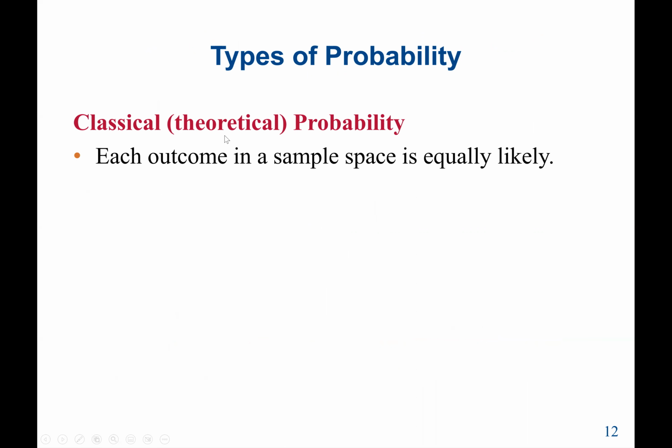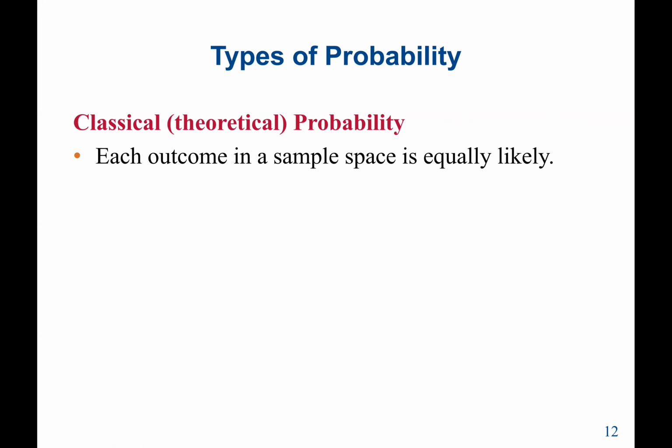So classical or theoretical probability: each outcome in a sample space is equally likely. So rolling a die or tossing a coin is a classical probability. Based on the definition, each outcome in a sample space is equally likely. So when I roll a die, from side 1 to 6, they all have an equal chance of being selected.